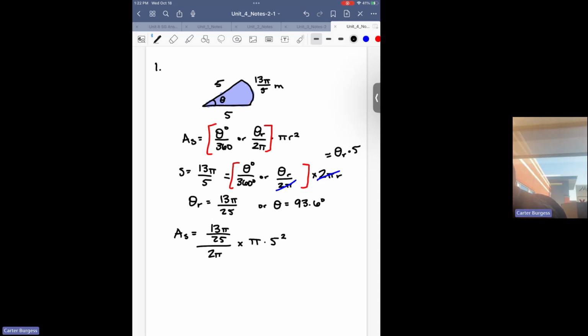With 13 pi over 25, all divided by 2 pi, the 2 pi is going to multiply into the denominator. This should become 13 over 50, which means, again, that we've gone a little bit more than a fourth of the way around our circle. And this is just 25 pi.